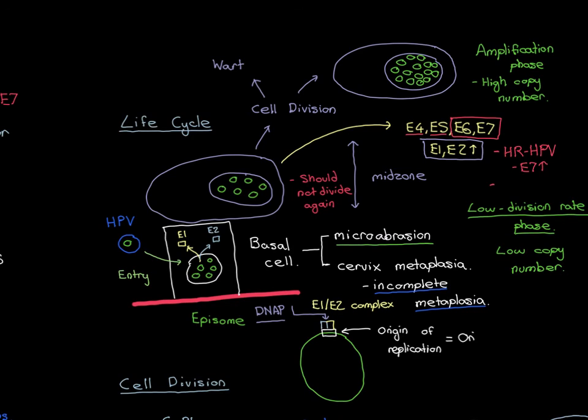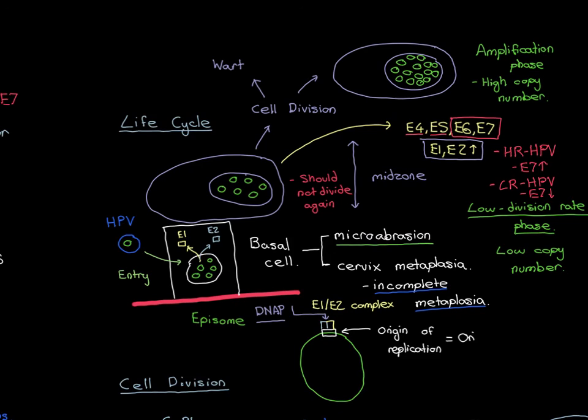Whereas other HPVs that are much lower risk for developing cancer, so the low-risk HPVs, their E7 protein is much weaker. It still does bind to retinoblastoma protein, and it still does need it to cleave off the E2F-DP complexes and then be destroyed, but it does it with a much lower affinity, and therefore it will do it to a much lower extent. It will do it much slower, and the number of retinoblastoma proteins that it actually affects will be smaller.